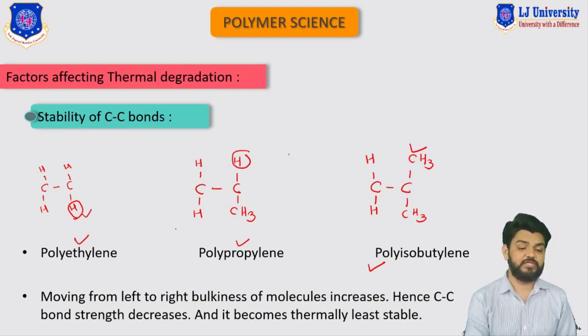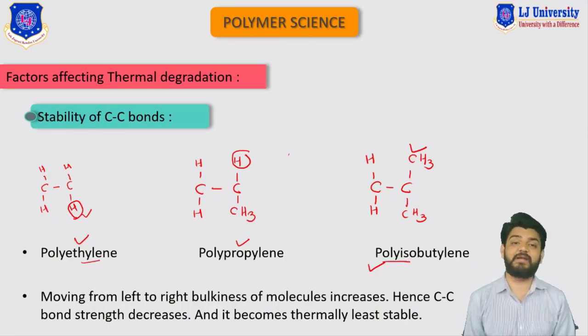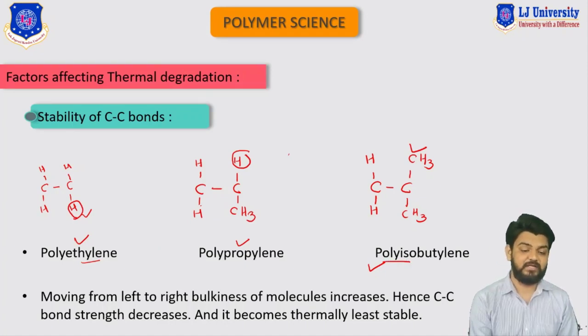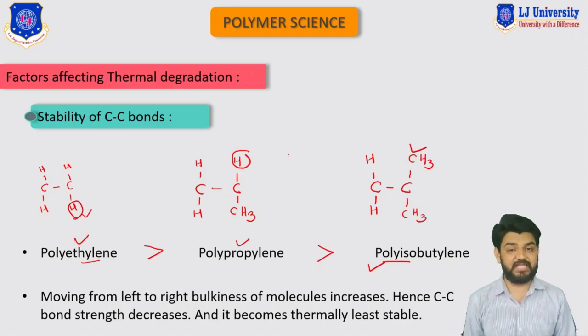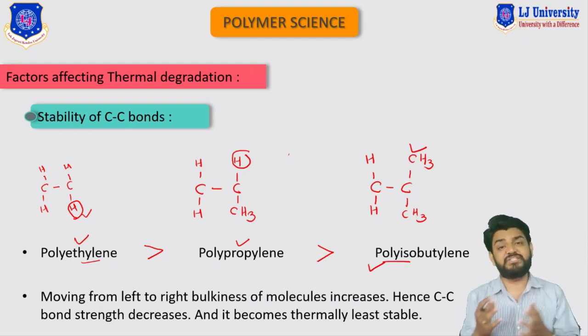We can say that polyethylene has the highest carbon-carbon bond strength and polyisobutane has the least. The order of carbon-carbon bond strength is: polyethylene has the highest, followed by polypropylene, and the least carbon-carbon strength is observed in polyisobutane. So as we move from left to right, the molecule becomes more and more bulky, hence the carbon-carbon bond strength decreases.